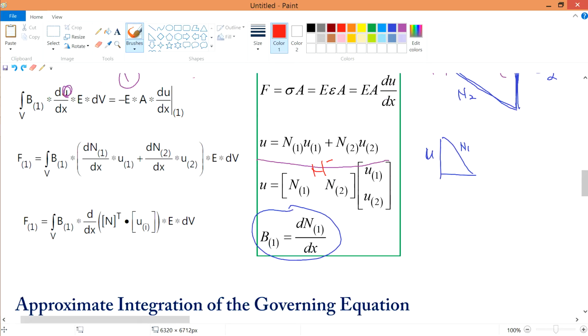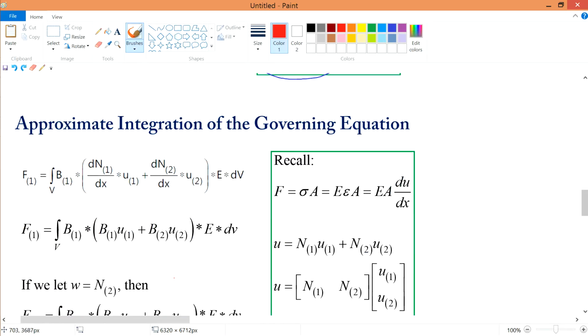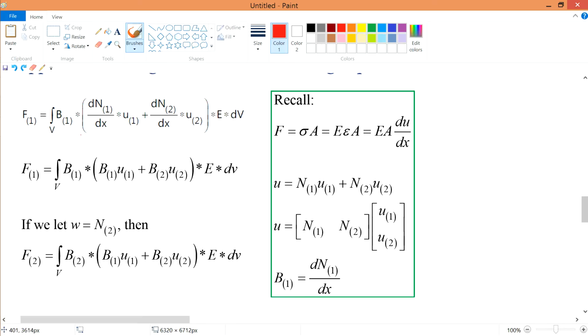Alright, nonetheless I will utilize this form and continue. Alright, I'll go on to this side. So if I were to go on, I have this thing, it's the same thing, I didn't change it. Alright, and next step we're gonna do, and if you still remember, we have dN1 over dx as the strain displacement matrix B1. Alright, talking about how the change of the geometry is. You have a shape over here, you have a certain strain that occurs or certain displacement that occurs, you may actually change the shape like this.